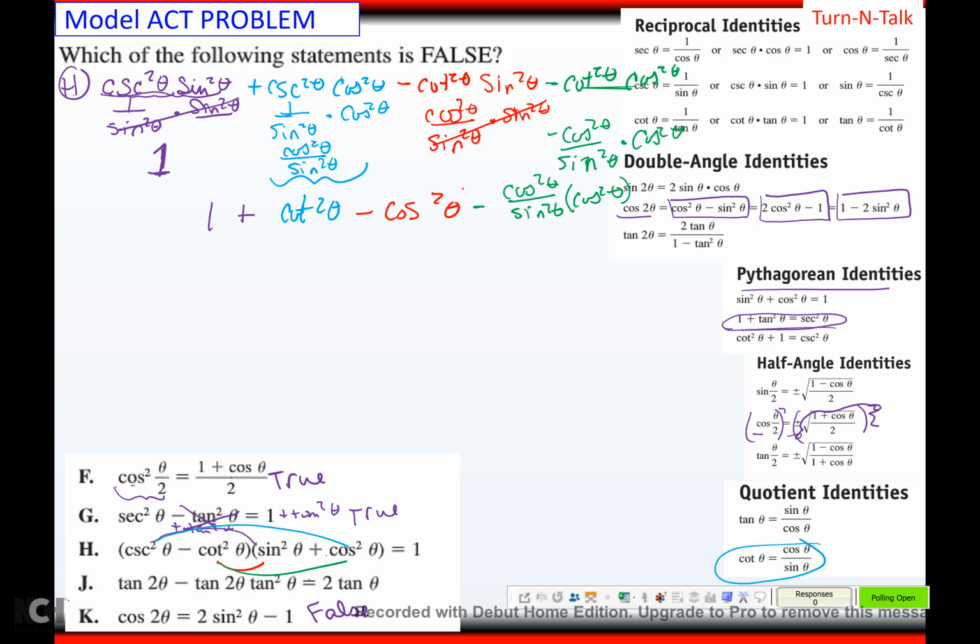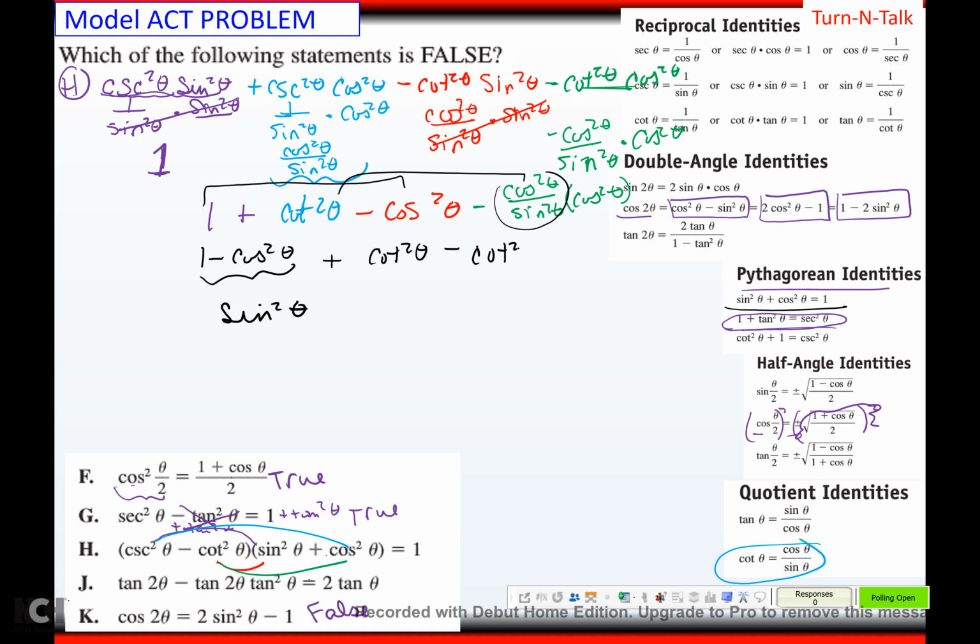Okay. The one thing I noticed is that if I put these two together, I recognize the Pythagorean identity: if I put 1 minus cosine squared theta together, 1 minus cosine squared is equal to sine squared theta. Then I'm going to put these two together, so that would be plus cotangent squared theta minus cotangent squared theta times cosine squared theta.